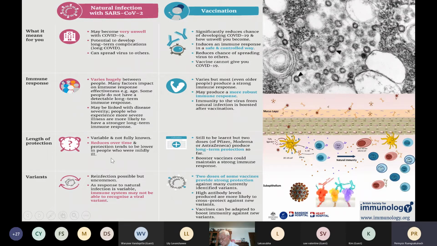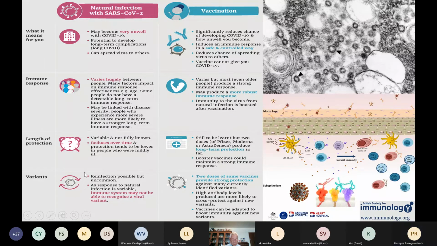After you have antibody, the antibody level becomes lower with time. So after 3 months, 6 months, your immunity is reduced and maybe cannot prevent another infection. But with the vaccine, you can predict from the study, because they give the vaccine, they follow up, and if it's not enough, then they give a booster.